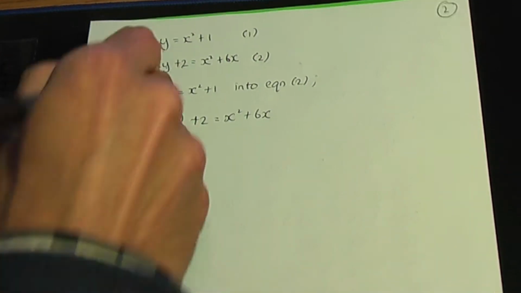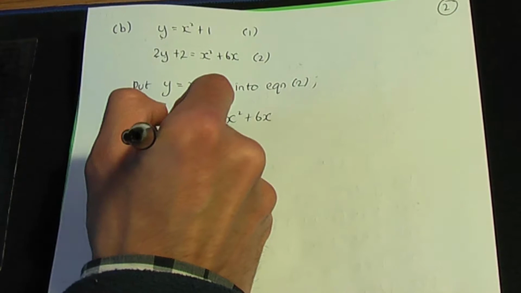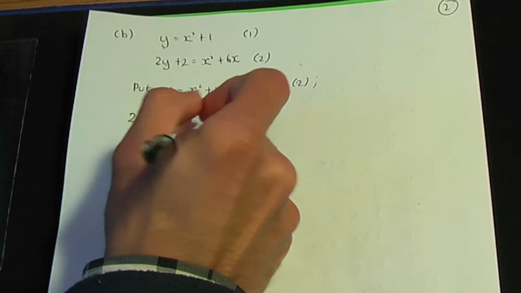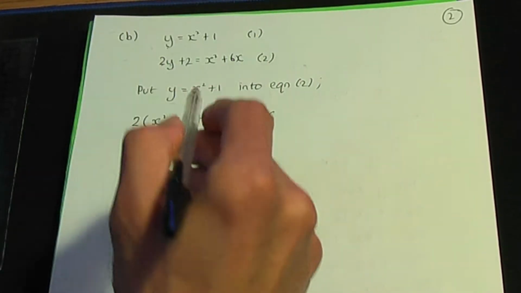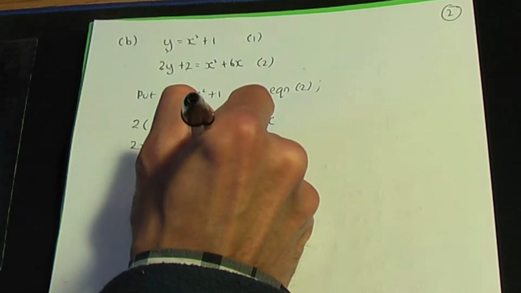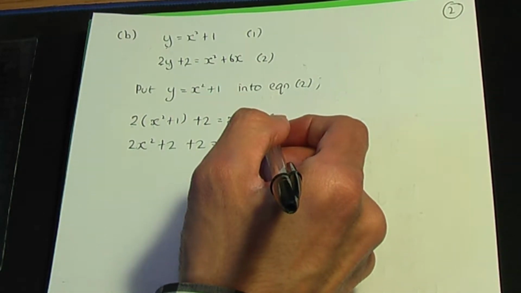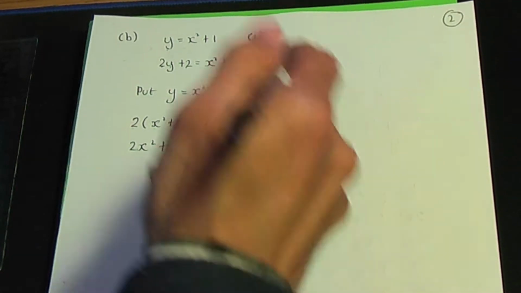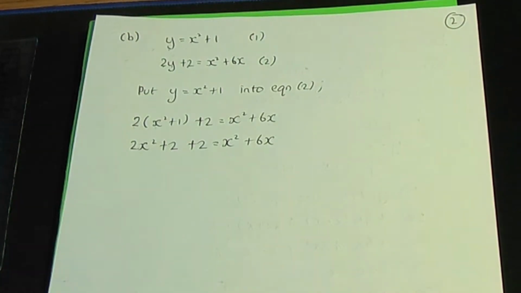Now let me expand the brackets, so 2 times x squared is 2x squared, and 2 times 1 is 2, plus this 2 over here, and that in turn is equal to x squared plus 6x on the right hand side.